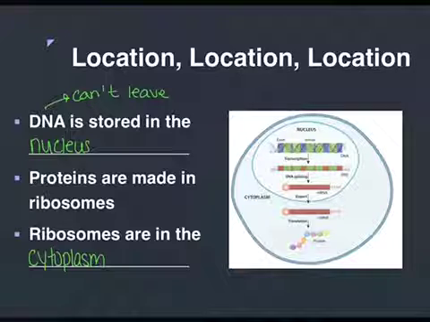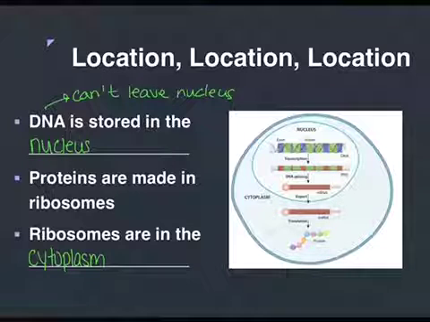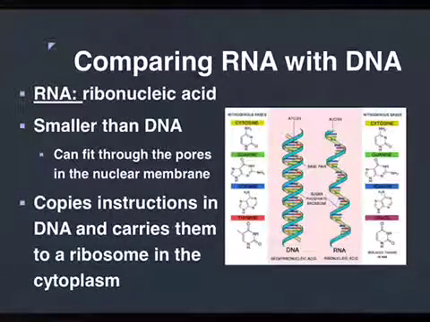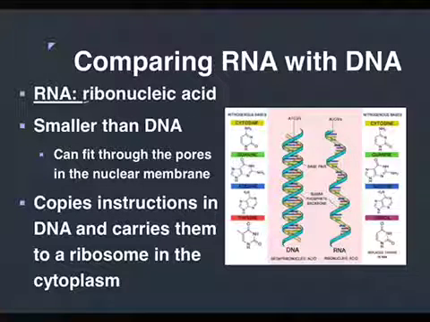So that's where RNA comes into play. RNA can copy instructions from the DNA, and then RNA can leave the nucleus to build that protein. So talking about RNA, it stands for ribonucleic acid: R from ribo, nucleic, N, A for acid.